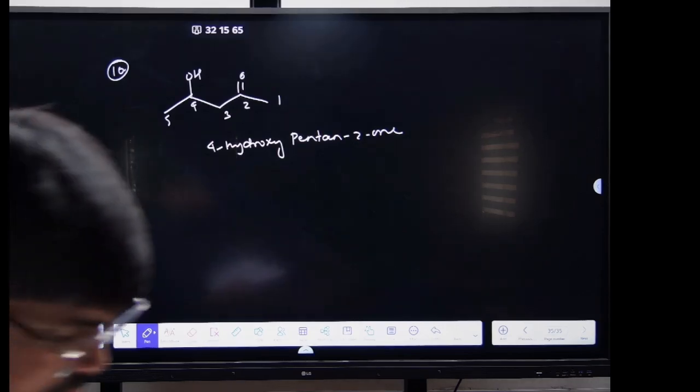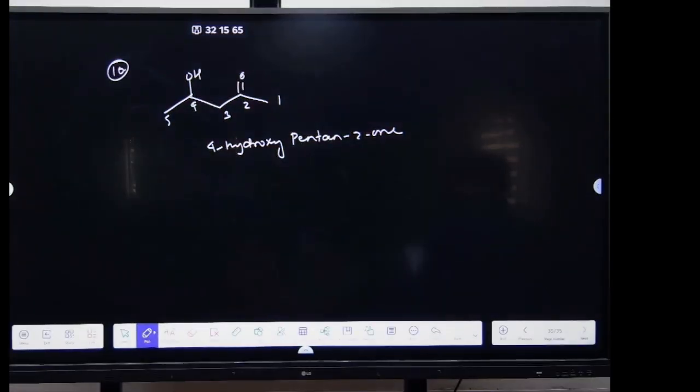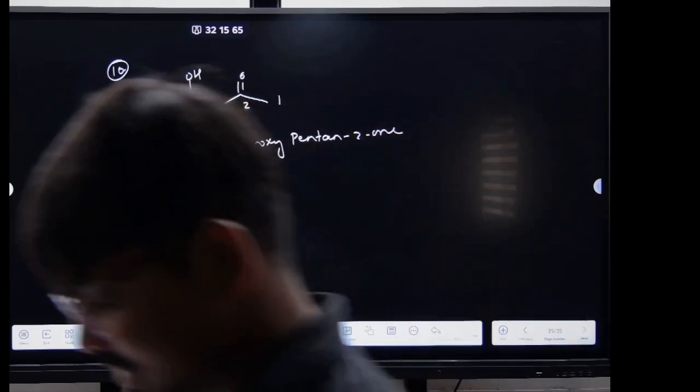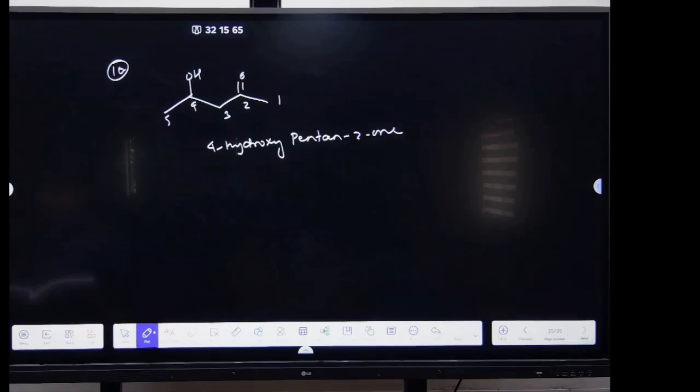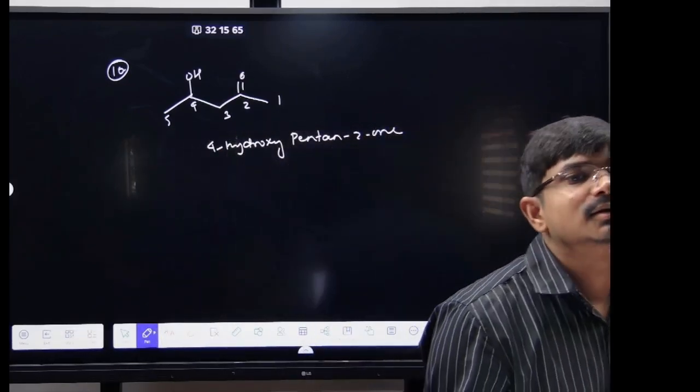Let's see one more. Now see here, only the IUPAC name is there. Question number, previous NEET, right? Open previous NEET. Question number first one, which is linear one. Which compound is basically linear?